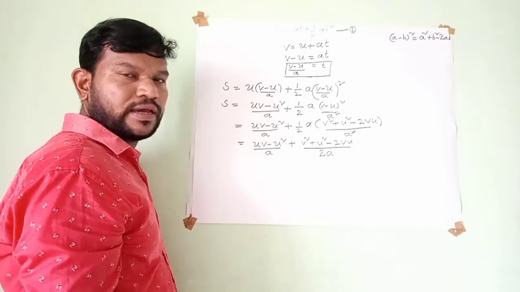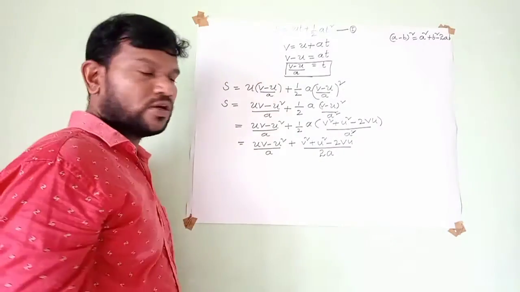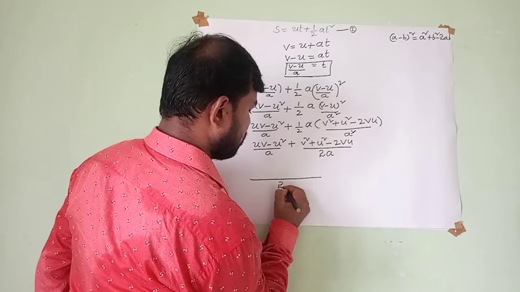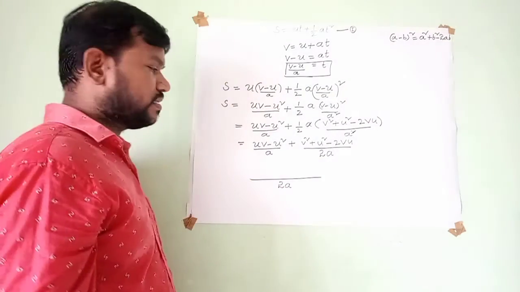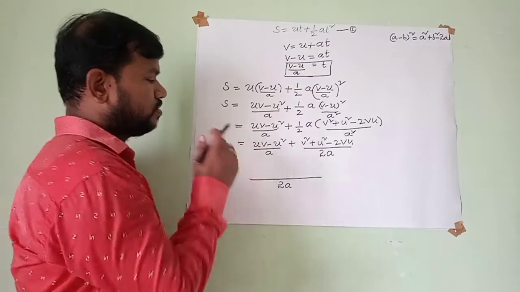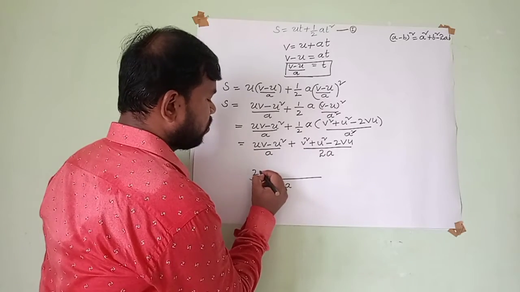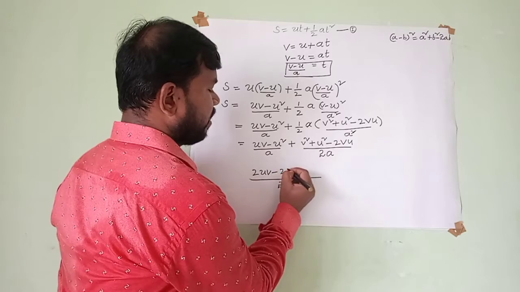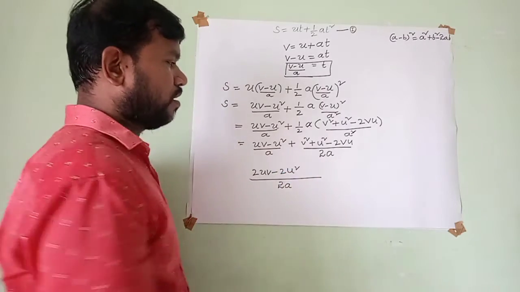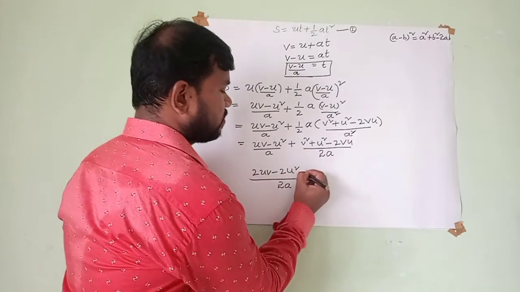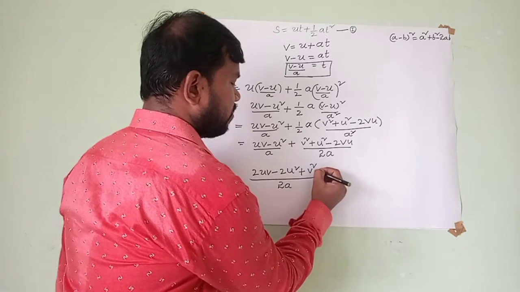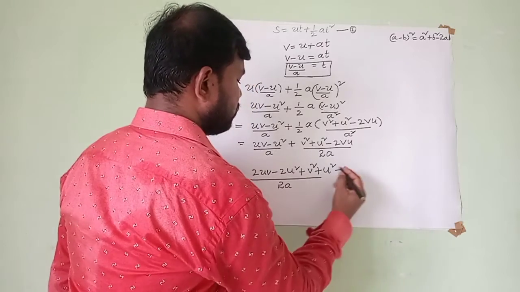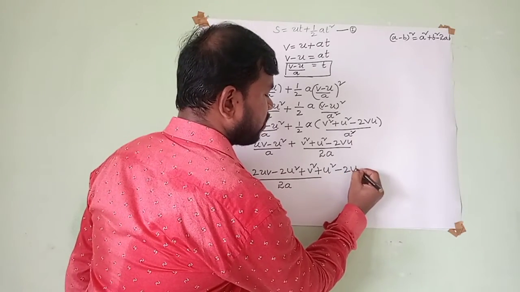Now I am taking LCM. So here LCM is 2a. 2a is LCM, so 2a cancel. So 2 into uv, 2uv minus 2 into u square, minus 2u square, 2a cancel. So plus v square plus u square minus 2uv or vu.